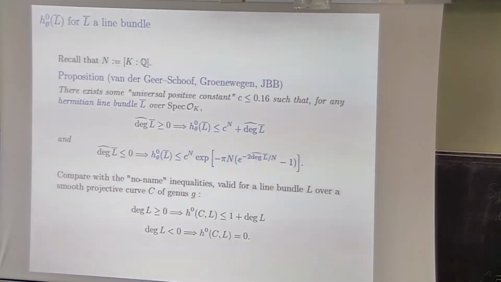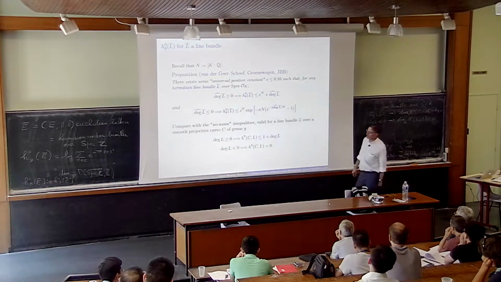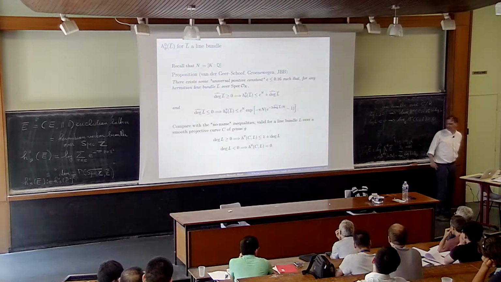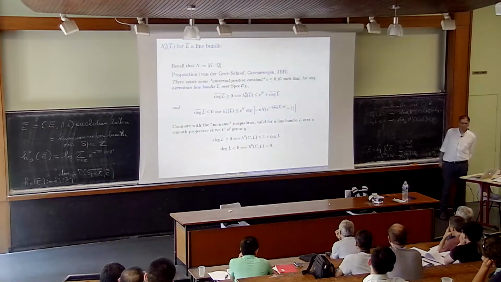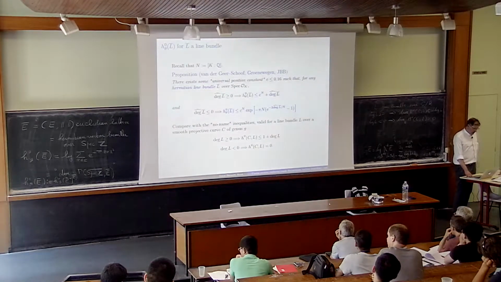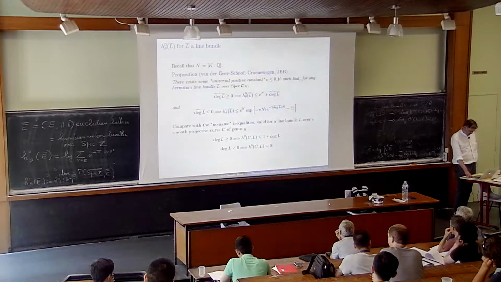But to prove this, I don't want to say too much about the details. What is very funny is that you start from Poisson, Riemann-Roch, and by adding some more or less elementary arguments from geometry of numbers, you get these estimates.